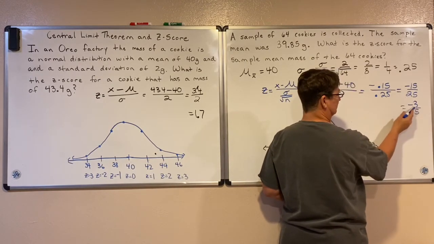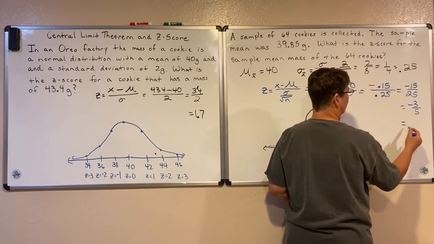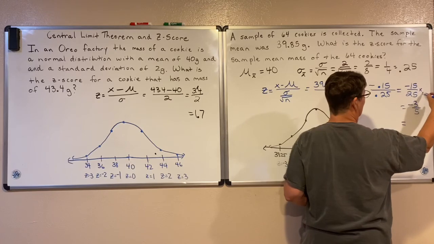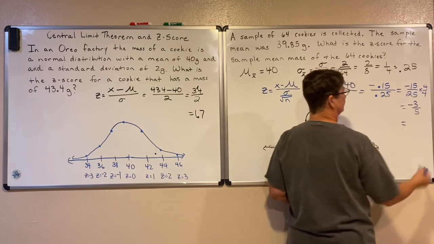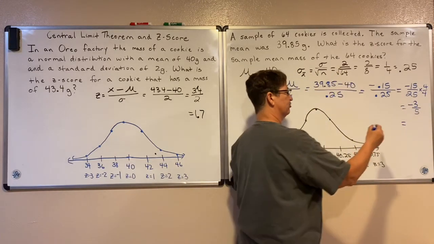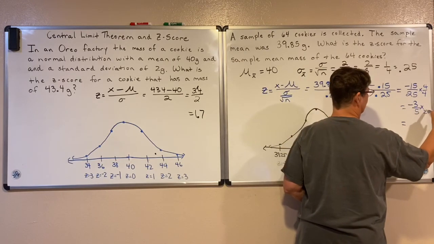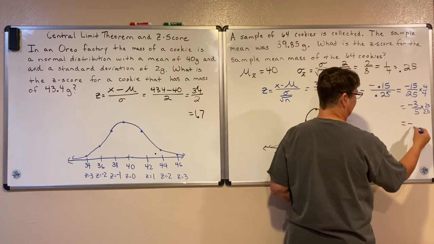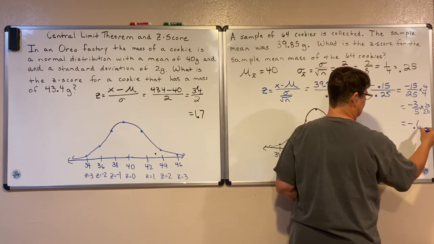This fraction is the same as that fraction. Or to make it into a decimal, you could say times 4 over 4... Here I would have to do times 20 over 20. Either way, I'm going to get a negative 0.6.